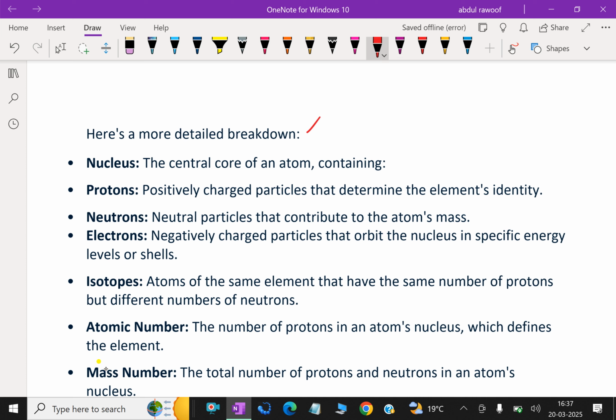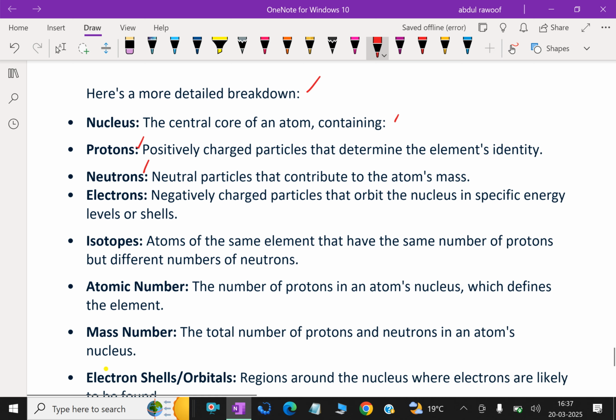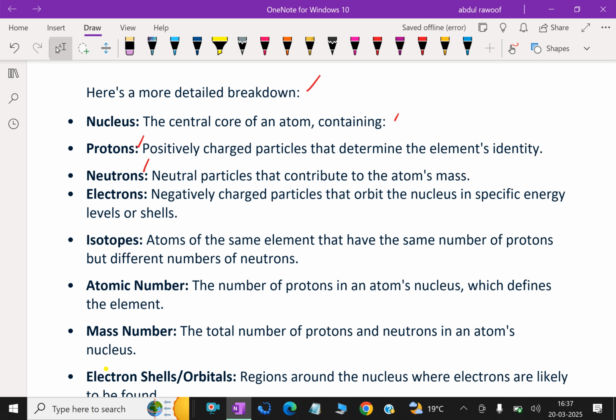Nucleus: the central core of an atom containing positively charged particles that determine the element's identity, that is, protons. Neutrons: neutral particles that contribute to the atom's mass. Electrons: negatively charged particles that orbit the nucleus in specific energy levels or shells.